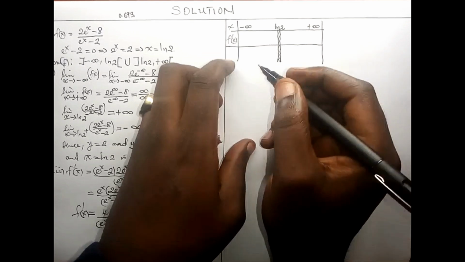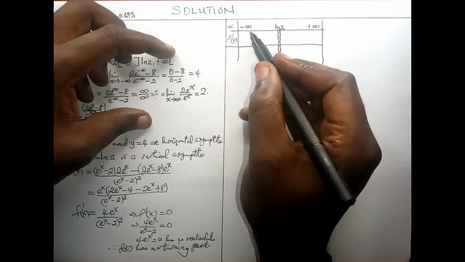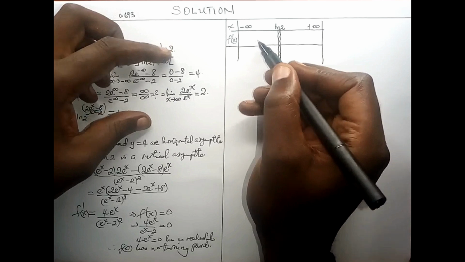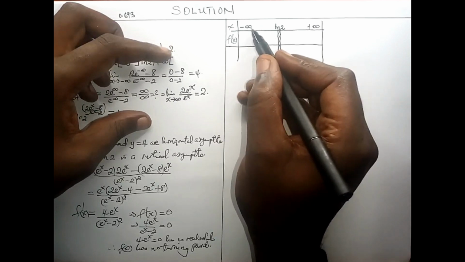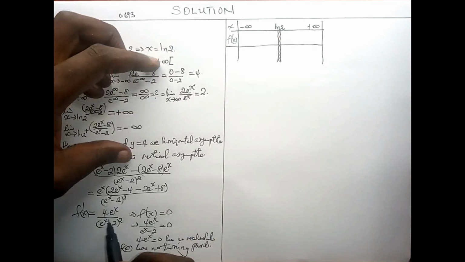And then to investigate what sign would appear here, I take a value in this region between negative infinity and ln 2, say 0.